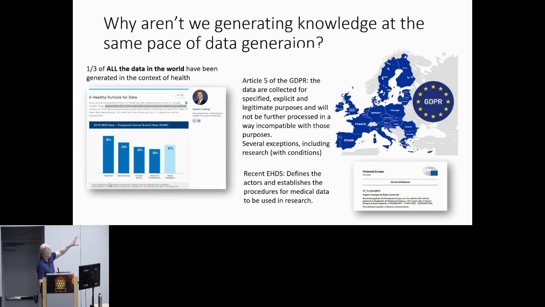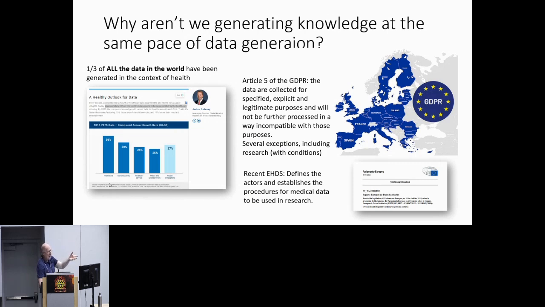So why? Because in Europe, in different countries, you have different laws, but in Europe we have the General Data Protection Regulation, and this is Article 5, in which they say that data are collected for specific purposes and will not be further processed in a way which is incompatible with these purposes. This is what I said before. If I get a radiography for my patient, it's not for making a paper.